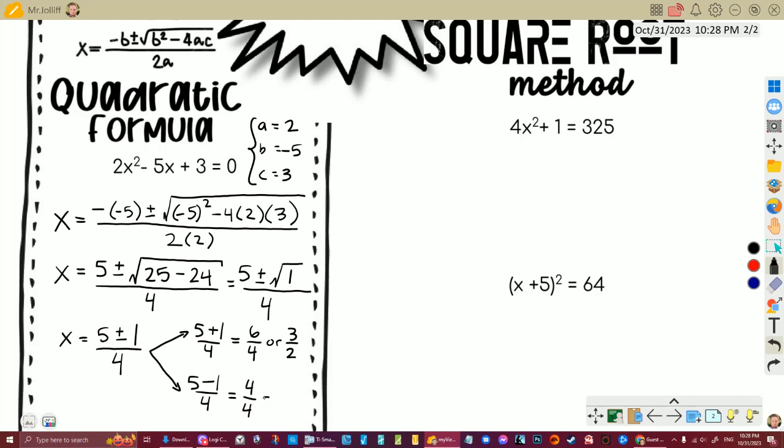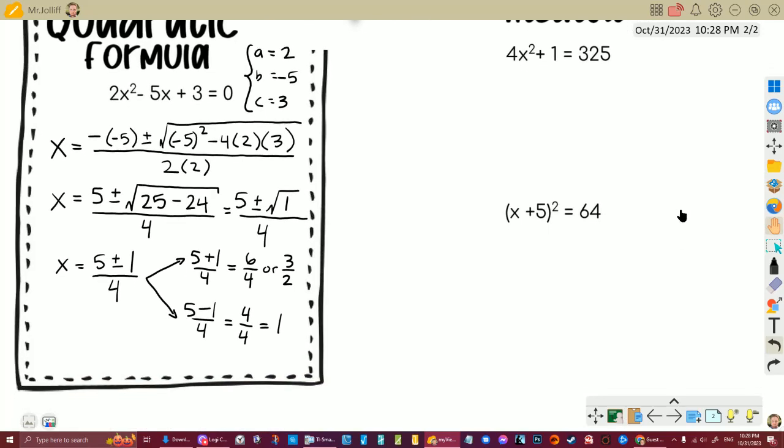And we know that 4 divided by 4 is 1. So for this quadratic equation, 2x squared minus 5x plus 3 equals 0, our solutions are x equals 1 and 3 halves, or 1.5 if you like that better.